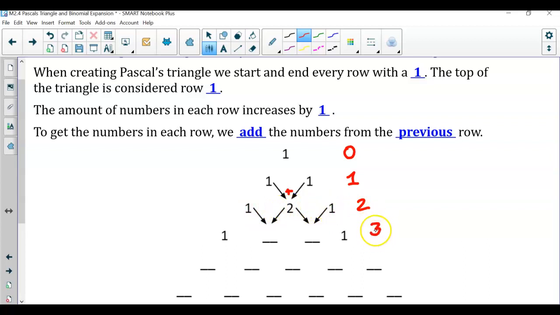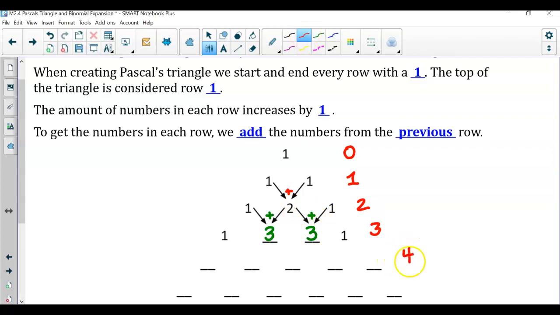Then the third row, what we're going to call row 3, we're going to always start and end with 1 and then add the numbers between to create it. So 1 plus 2 is 3, and 2 plus 1 is 3. So this is the next row in Pascal's triangle.